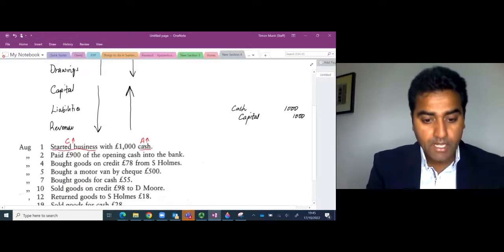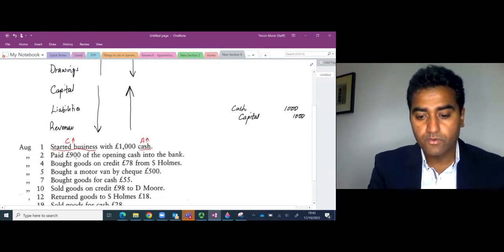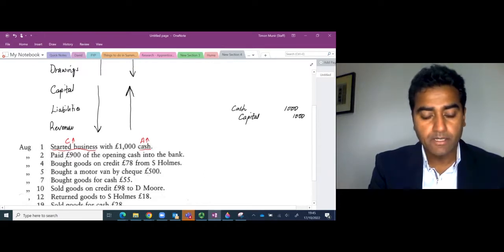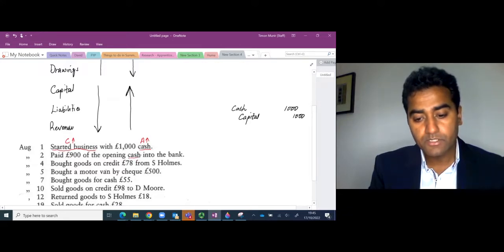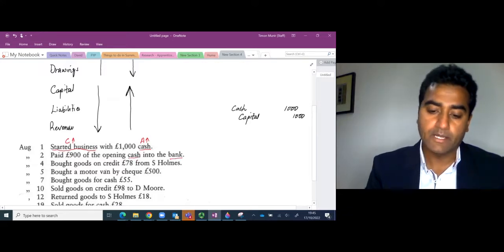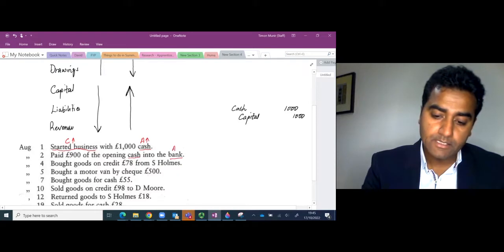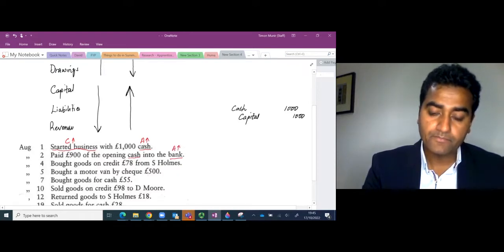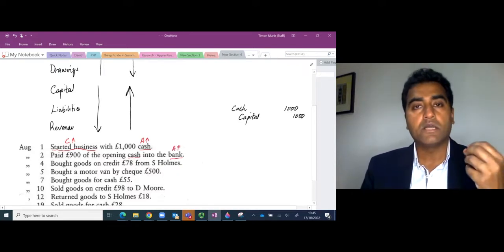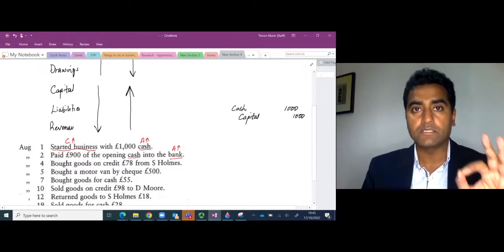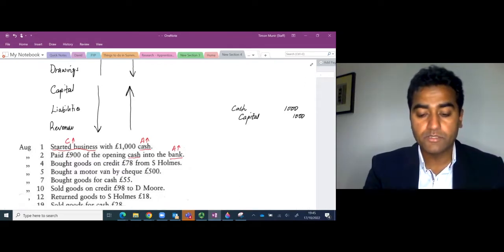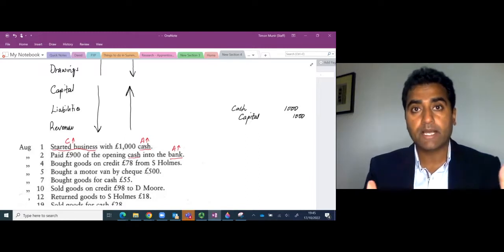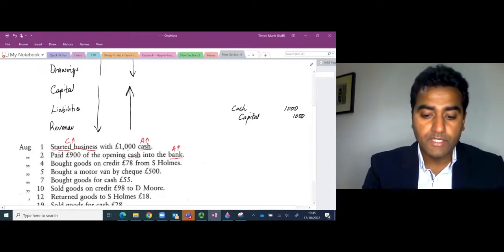The next entry is paid £900 for the opening cash into the bank. So now we are transferring money from our cash account into our bank account. So bank is an asset which will increase. In the business bank account we had zero balance, and now it is increasing to £900, and the balance in the cash is now decreasing, which is an asset, and it is decreasing.